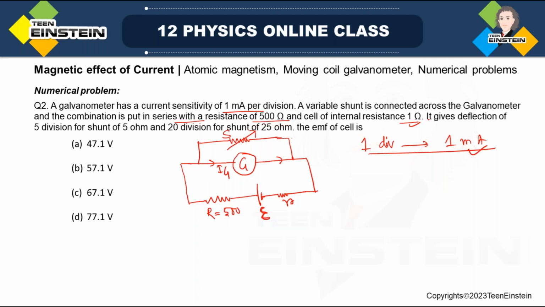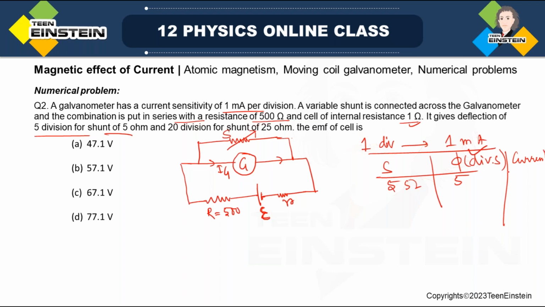Now the question is, it gives deflection of 5 divisions for shunt. Since the shunt is variable, I can change the value of the shunt. So when the shunt is 5 ohm, the deflection noted is 5 divisions. That means it is equivalent to how much current?